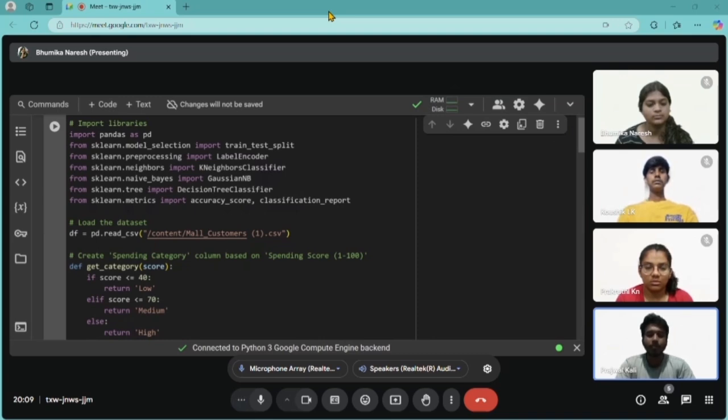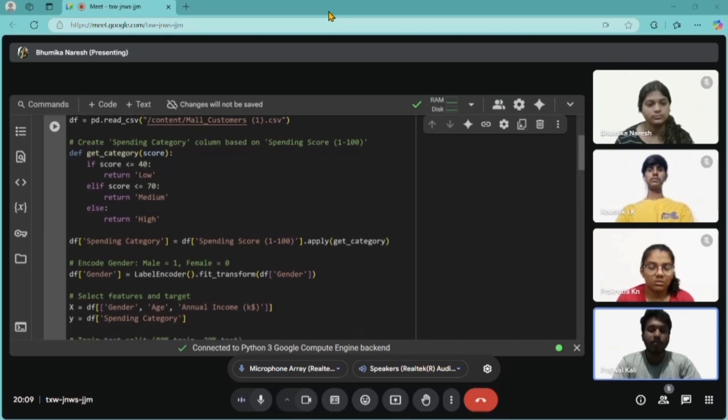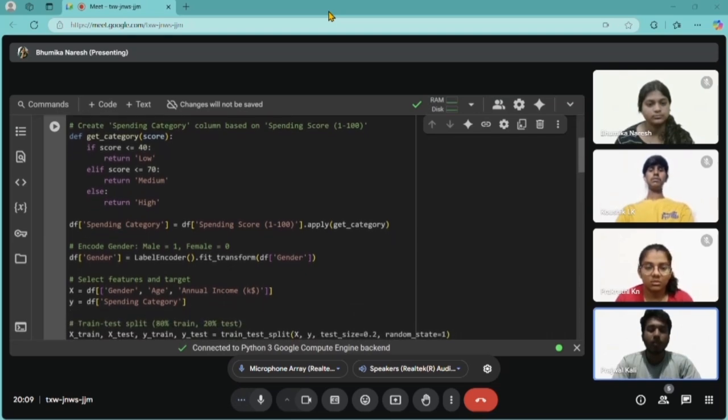Next code: def get_category(score). If score is less than or equal to 40, return low. Else if score is less than or equal to 70, return medium. Else return high. df['Spending Category'] = df['Spending Score (1-100)'].apply(get_category).